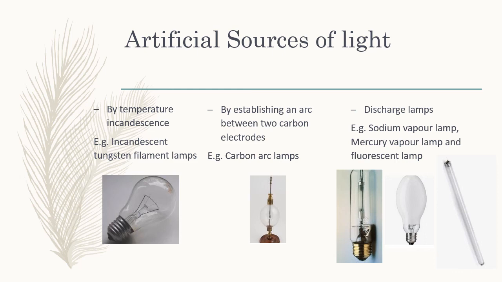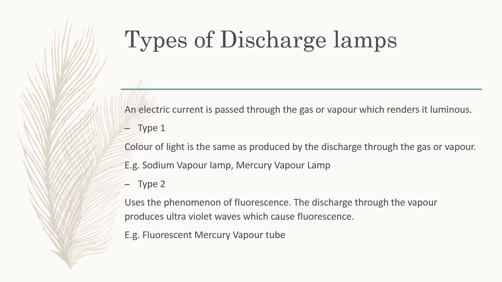When electric current is passed through gas or vapor, with which the lamp is filled, it renders the lamp luminous. So this is the discharge lamp.